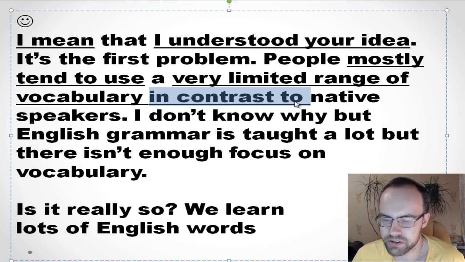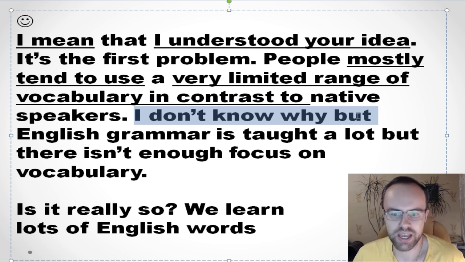But native speakers do the opposite thing, so they use more difficult and more advanced vocabulary.